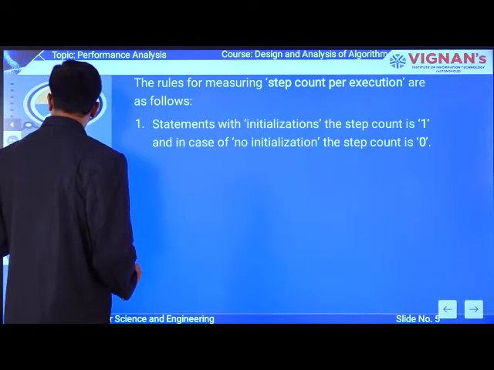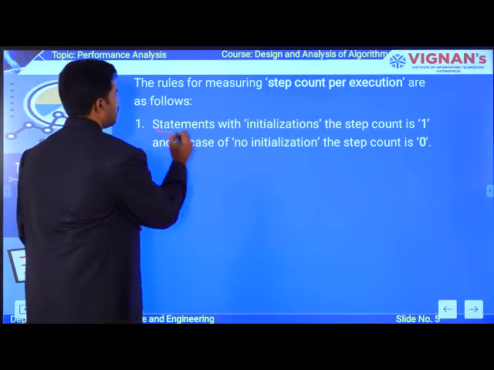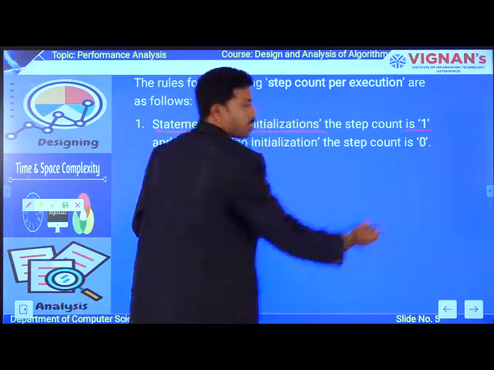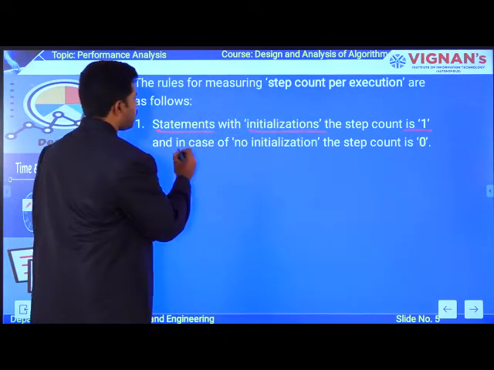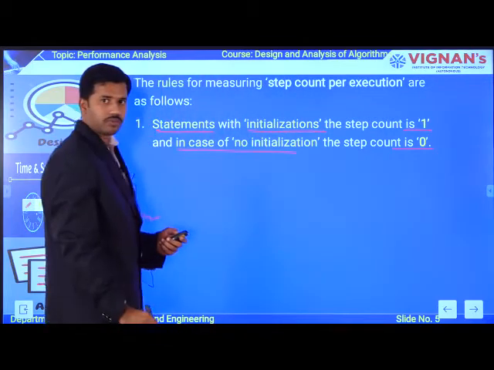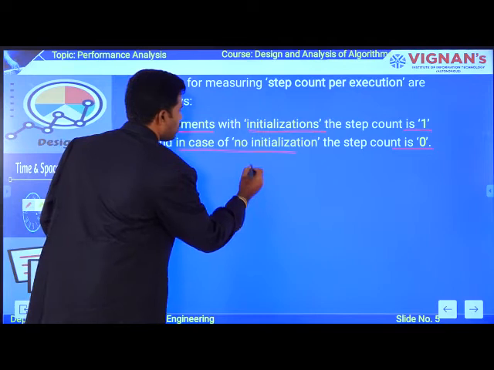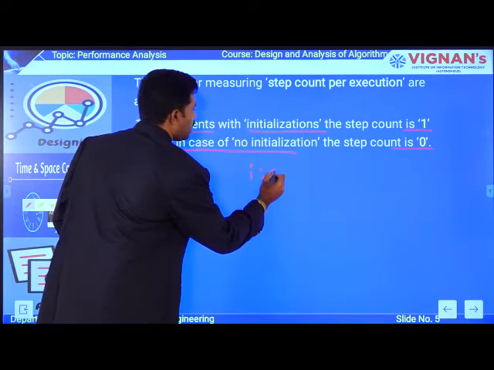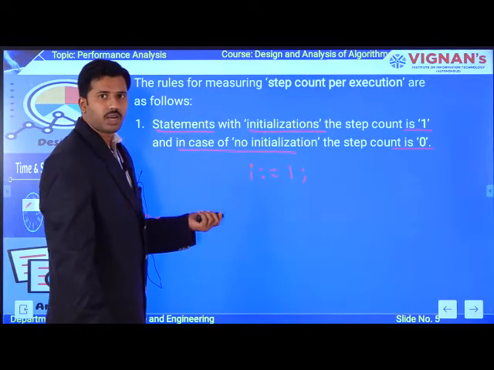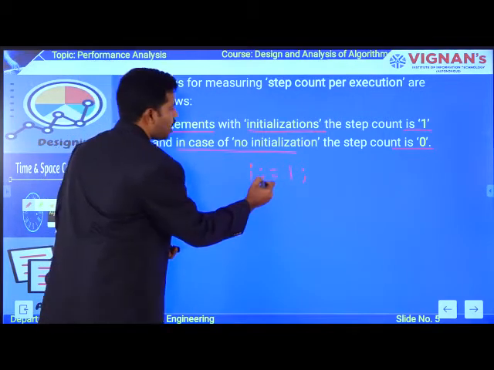So the first rule is about assignment statements. For statements with initialization, the value is 1, and for statements with no initialization, the value is 0. Let us take an example: i = 1. I hope you are aware this is an example of an assignment operation, because the assignment operator is available.